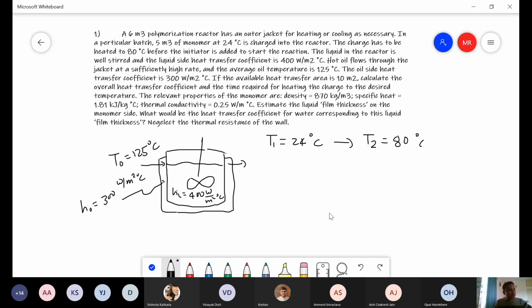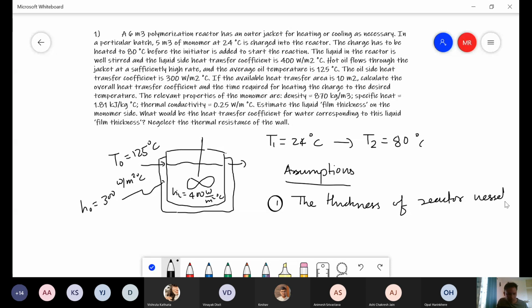The following assumptions we can make here. The first assumption is the thickness of the reactor vessel is assumed to be small compared to the diameter or radius, whatever you can say, isn't it?